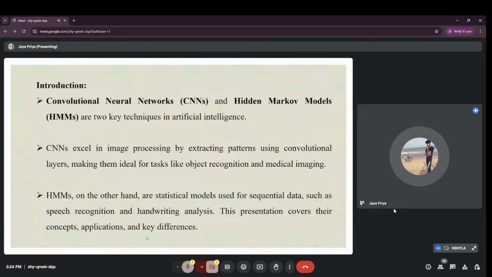Both convolutional neural network and Hidden Markov model are used in machine learning, but for different tasks. Convolutional neural network for image processing and Hidden Markov model for sequences like speech and handwriting analysis. This presentation covers the concept, application, and key differences.